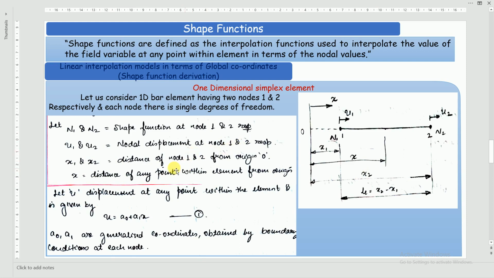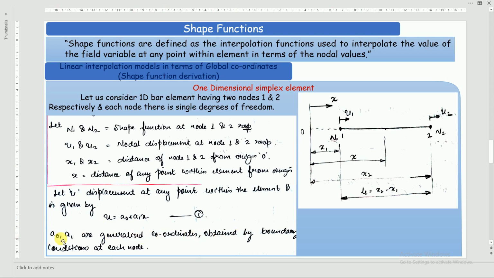Since this is a 1D element, what was the equation for the 1D simplex element? A polynomial equation, u of x equal to a0 plus a1x. So let us assume the displacement as u equal to a0 plus a1x, and call this equation 1. u is the displacement at any point x, whereas u1 and u2 are the displacements at particular nodes. a0 and a1 are generalized coordinates.